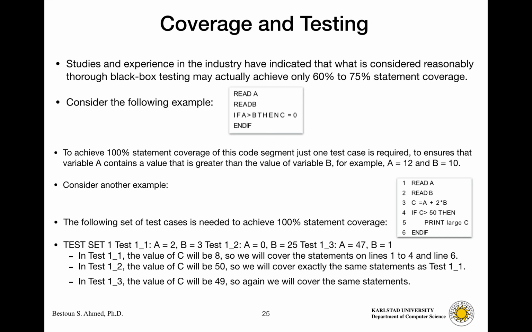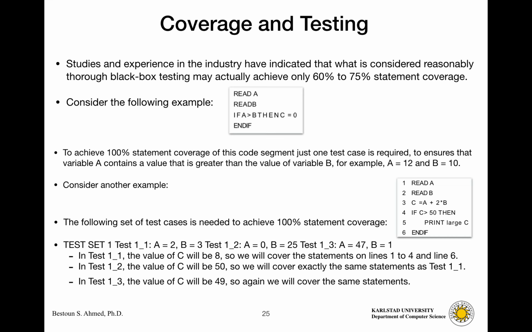So for example, in this code, the first code is simple. You can cover 100% by designing a test case that can visit all the lines. If you choose a value for a which is greater than b, then you visit all the lines basically.